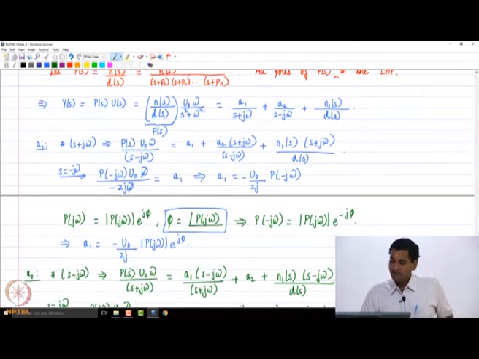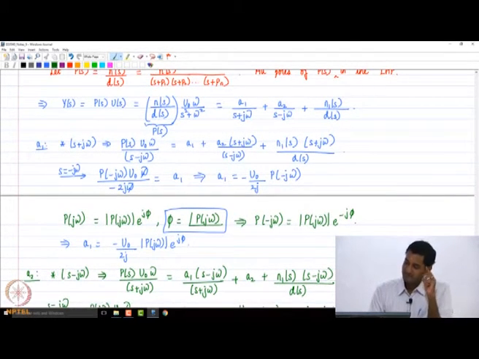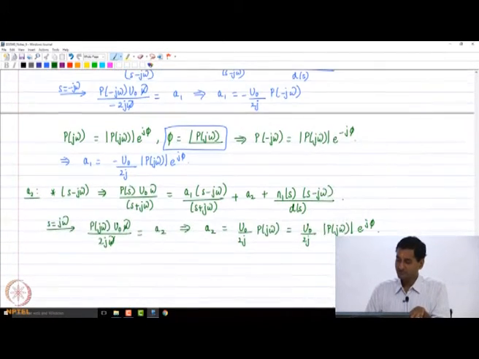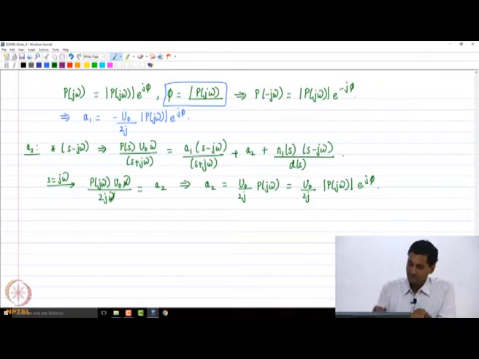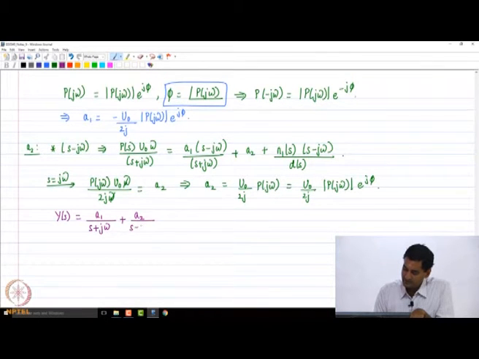Now let us go back here. So our y of s is going to be A1 divided by s plus j omega plus A2 divided by s minus j omega plus n1 of s divided by some d of s.